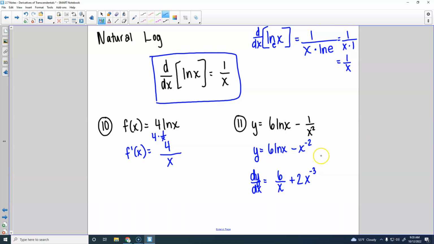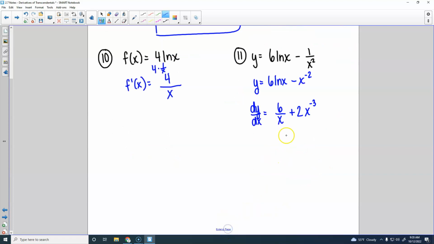Now, the book, free response, perfectly fine to leave it like this. The book's probably going to do some crazy stuff with the way they give this answer. There is a decent chance that they will do 6 over x plus 2 over x to the third. It is also possible they might get common denominators there and put those together. So if they did that, you would need to multiply this by x squared right here to get that x to the third.